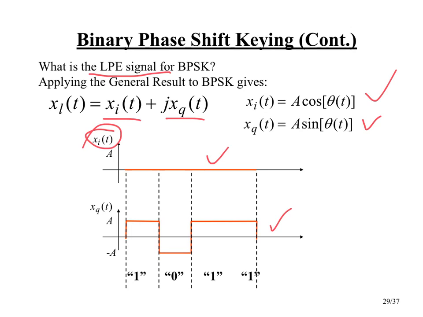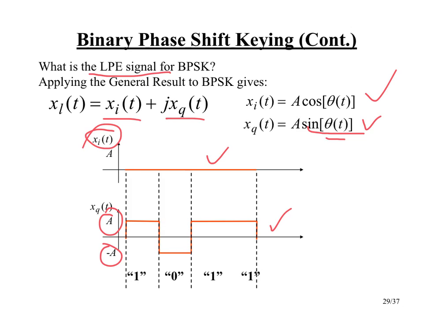Remember, this is switching between pi over 2 and minus pi over 2, which makes the sign switch between plus and minus 1, and that's why it's switching between plus A and minus A. So it's very easy, from the quadrature term in this case, to determine the bit pattern that was sent.